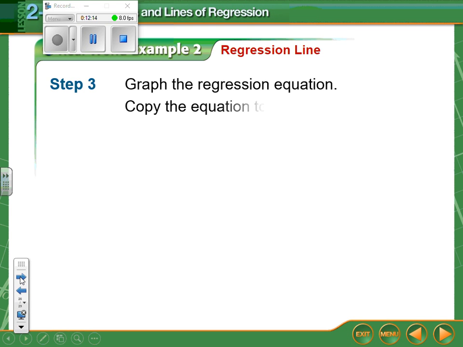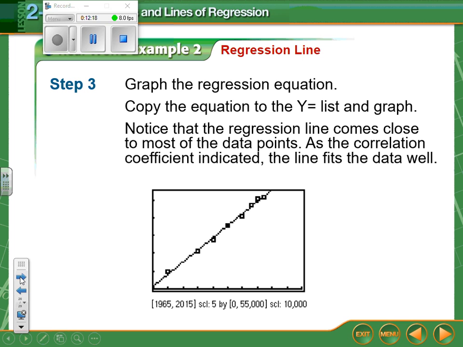We want to next graph that equation on top of our data in StatPlot. So we created the window, and then we want to put that equation into y equals and graph them both at the same time, and it'll slowly draw that line. It'll show you that the line goes through this data real well.